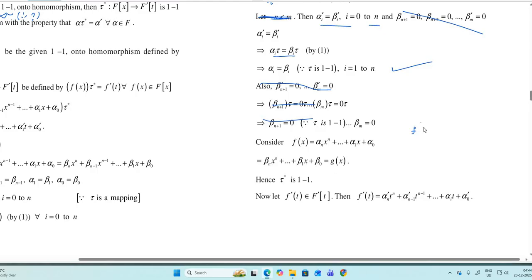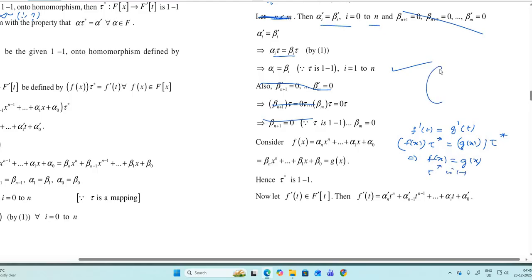So our assumption that f dash of t equal to g dash of t, which means the image of f of x under tau star equal to the image of g of x under tau star, now implies that f of x equals g of x, which means the pre-images are equal and therefore tau star is one to one.